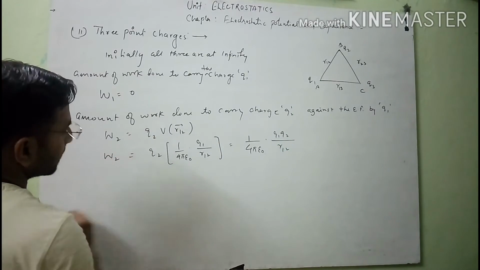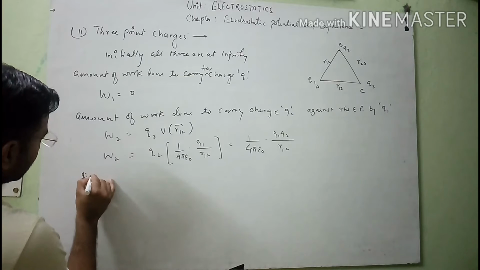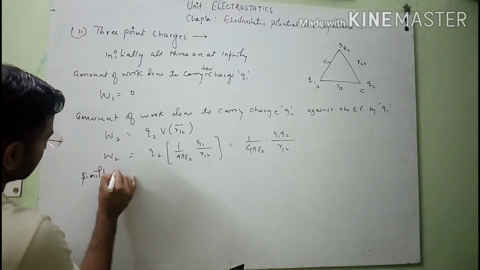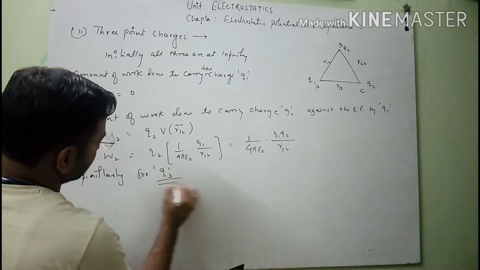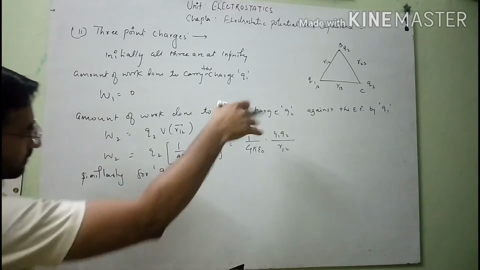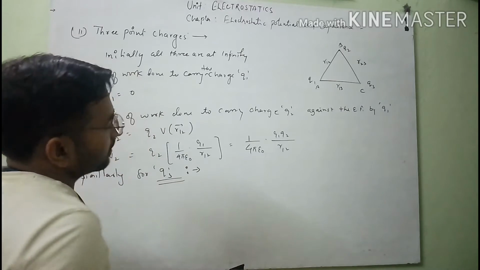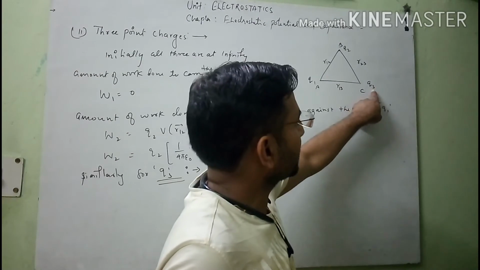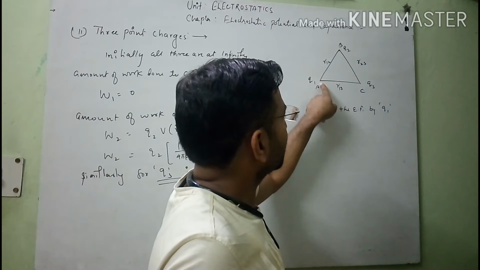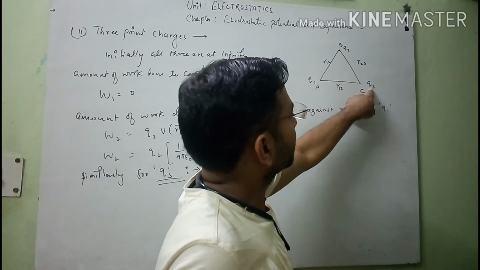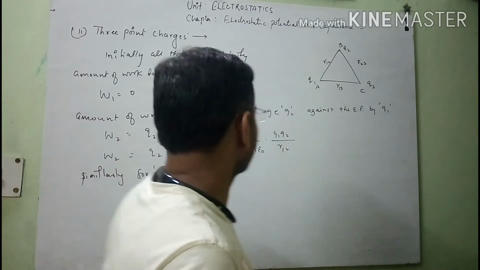Point is clear, student? After that, similarly, when you carry the charge Q3 from infinity to point C, you will do work against the electric field by Q1 and against the electric field by Q2.